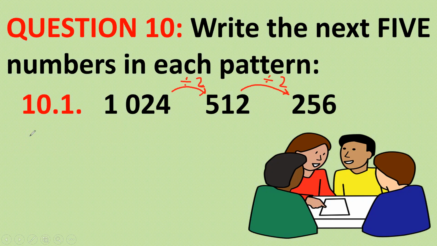256 over 2. What we are gonna get? So let's try. 250 over 2 is 125. And then 128. We can make it because 6 over 2 is 3. Did you get my point, people?